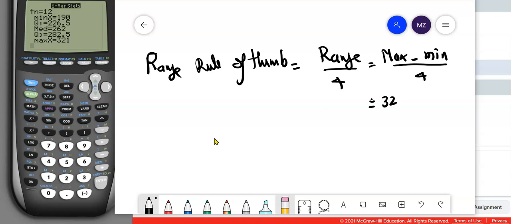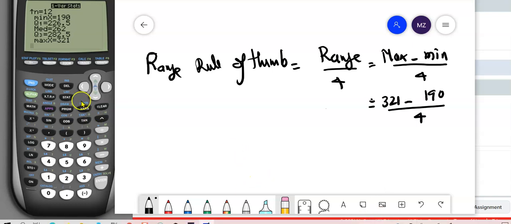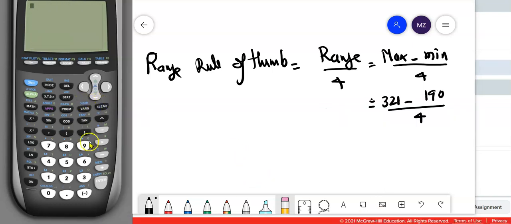So this is going to be 321 minus 190 divided by 4. And again, let the calculator do it. So I can exit this menu here and type in 321 minus 190. Enter. And then divide by 4.